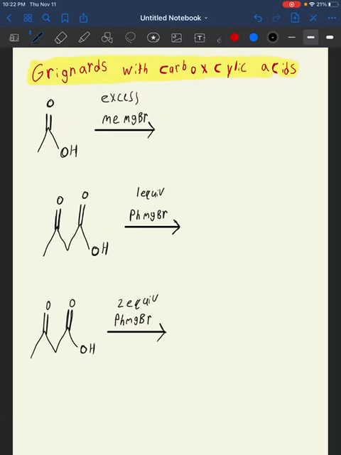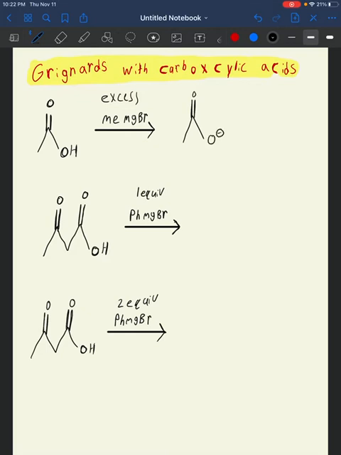Grignards with carboxylic acids. My arch nemesis. I'm just joking. Okay, so how do these work? When you just have a regular carboxylic acid, recall that Grignard reactions can only deprotonate the OH. So the only thing that's going to happen with this guy is this. Even if we have excess, it can't add on.